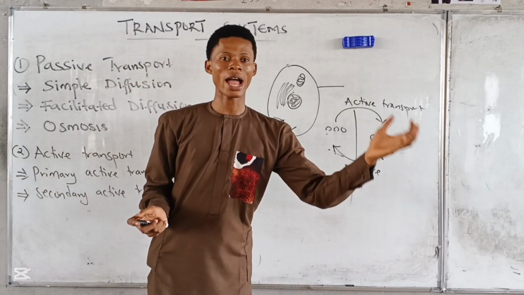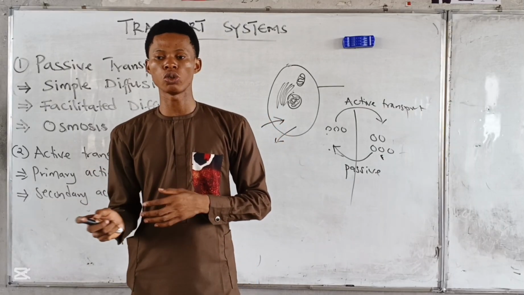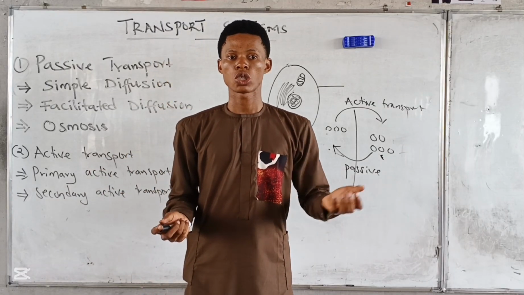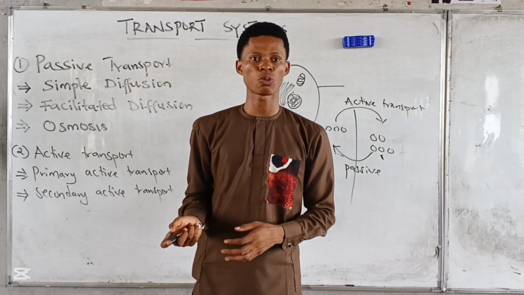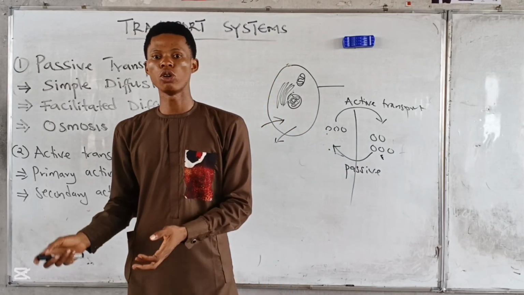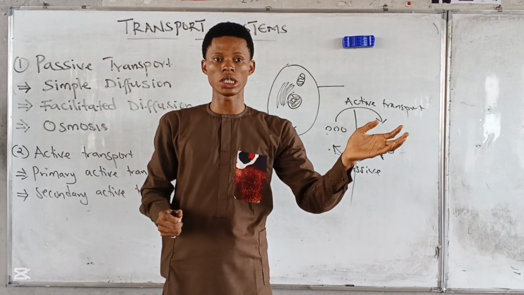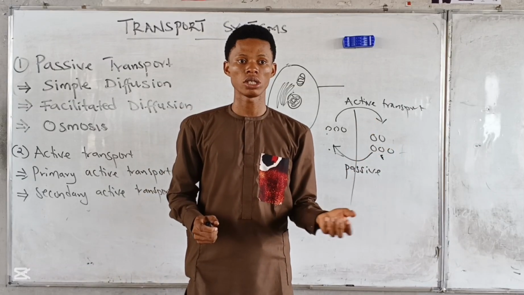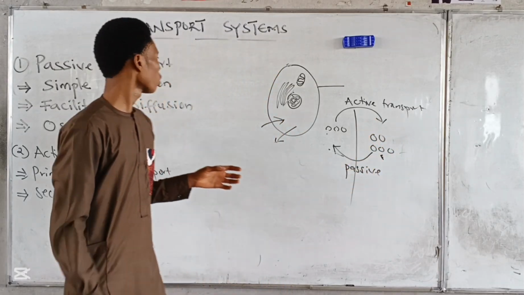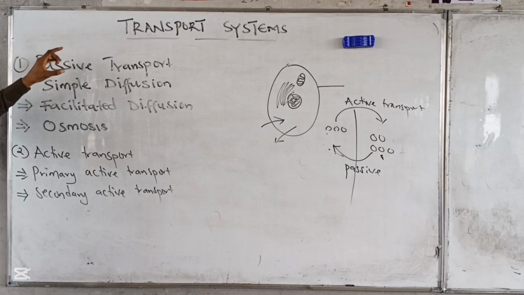If we are moving from high concentration to low concentration, do we need energy? No, right? So we call that passive transport. If we are moving from low to high, just like you're climbing a hill, you're moving against concentration gradients. So do we require energy? Yes, active transport.